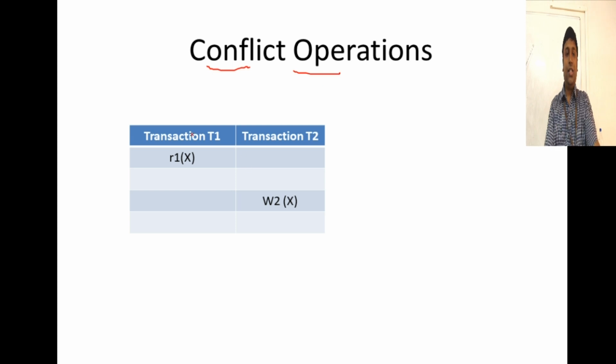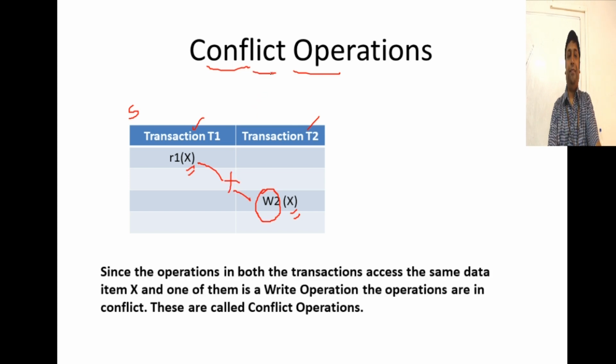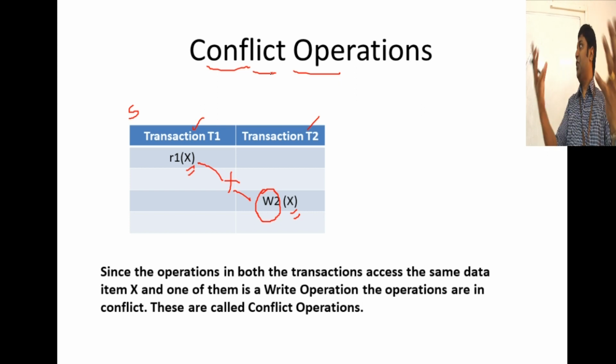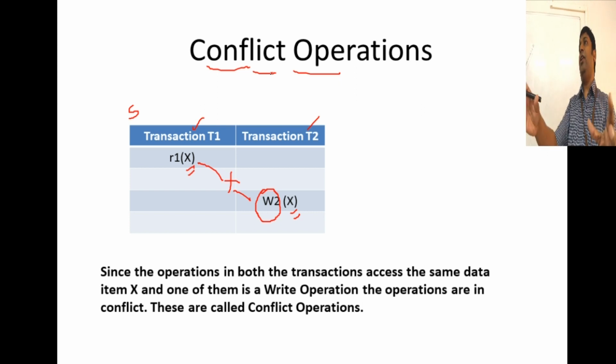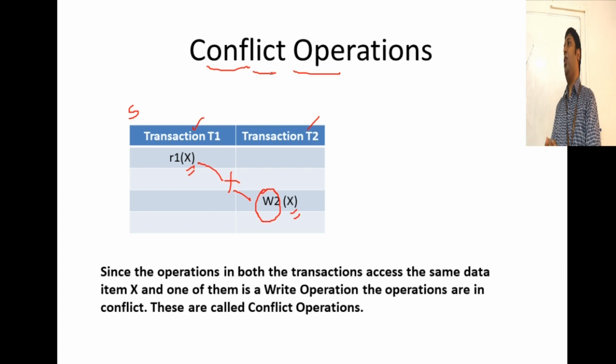Conflict operations: two transactions, again T1 and T2 in a schedule, access the same item X, but one of them is a write operation. Then we say these two operations are conflicting operations. When two transactions work on the same item, one is a read and one is a write, definitely that will be a conflict.